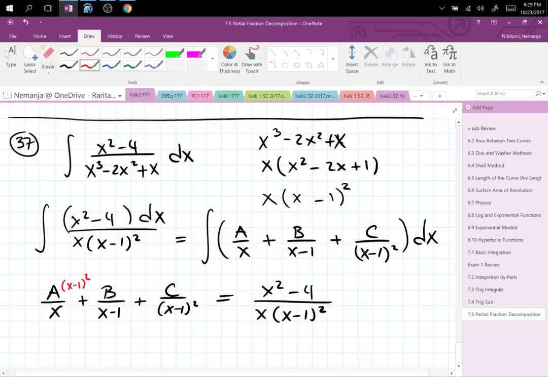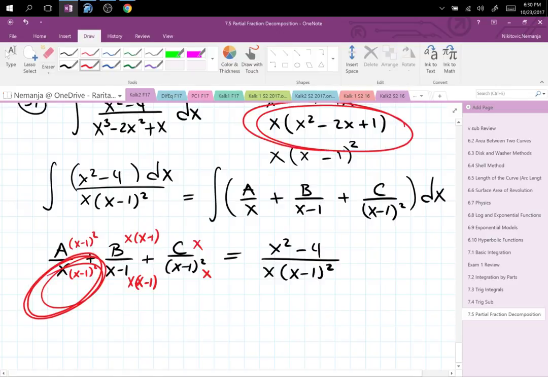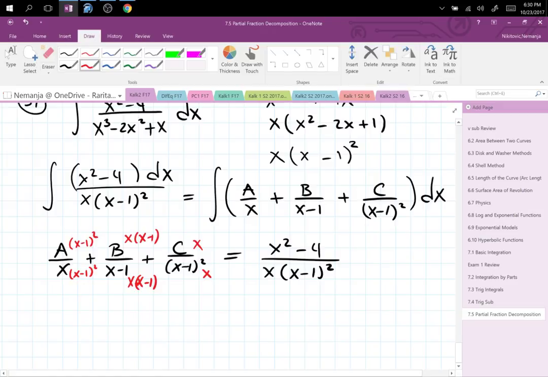So (x minus 1) squared on the first, x times (x minus 1) on the second, and x on the third. So you try to make each denominator equal to the denominator here. Now recall that this is x times (x minus 1) squared, so you are multiplying A with all of those.